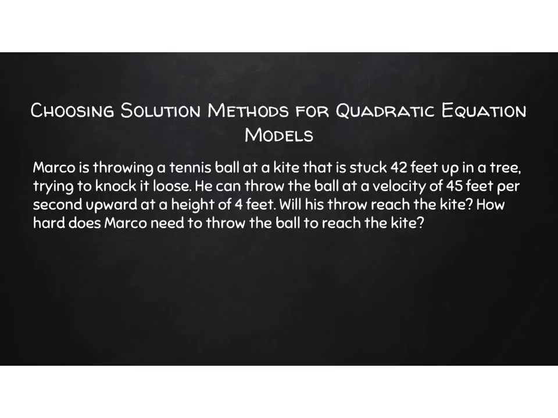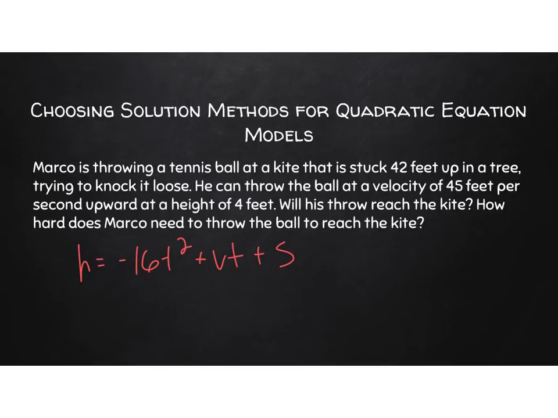So we're going to use our equation h equals negative 16t squared plus vt plus s. Negative 16 comes from the gravitational equivalent of feet per second. Our v is our velocity, and s is our starting position, and h is our final height.